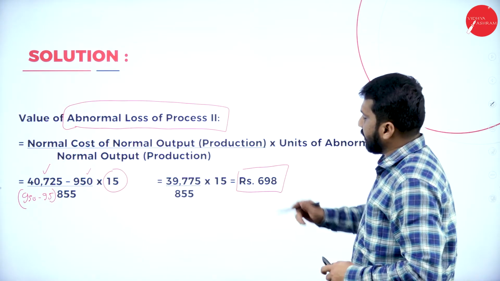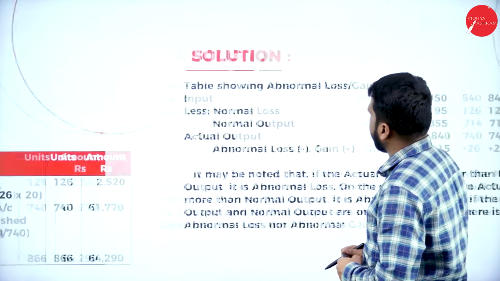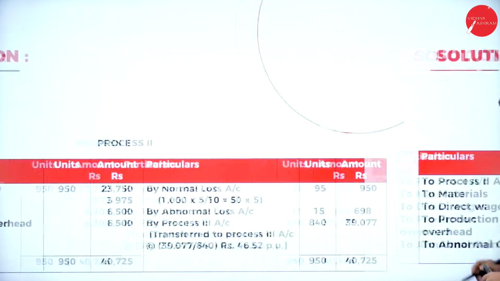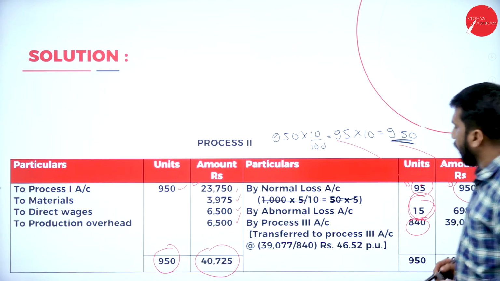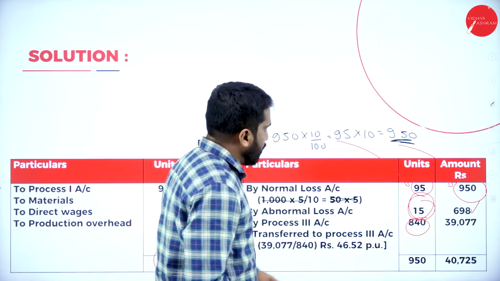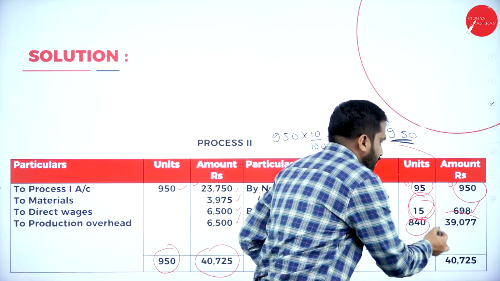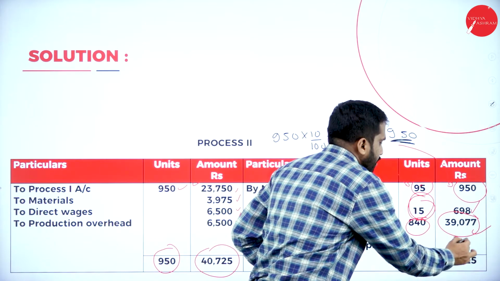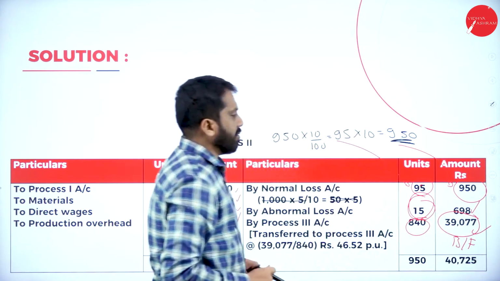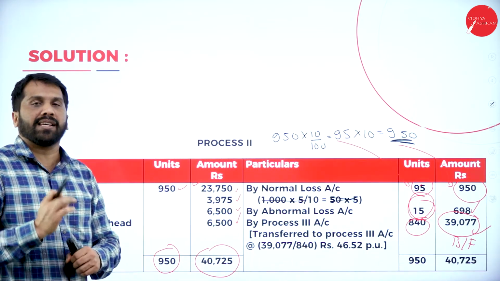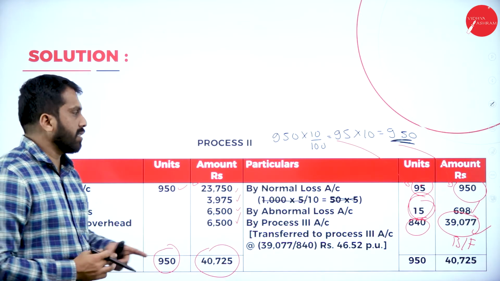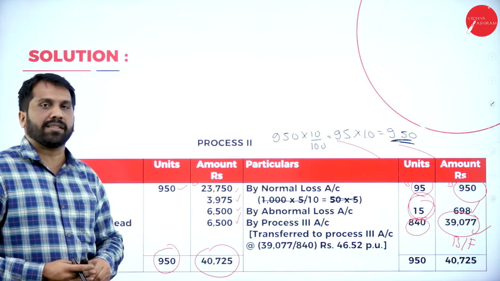Now, 698 I got, I will copy the 698. From the total, you minus everything, you will get 39,077 as the balancing figure. Hope you are clear. Yes, we're done with your process 2.